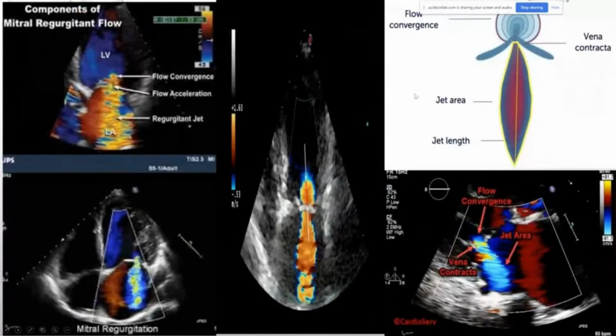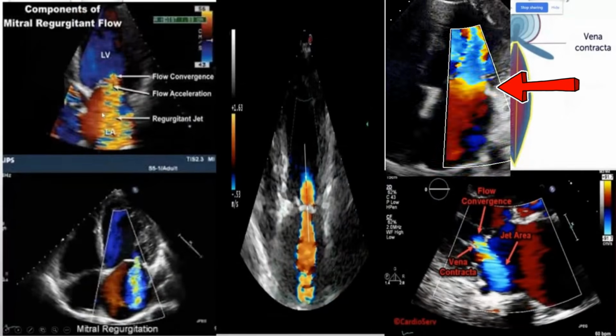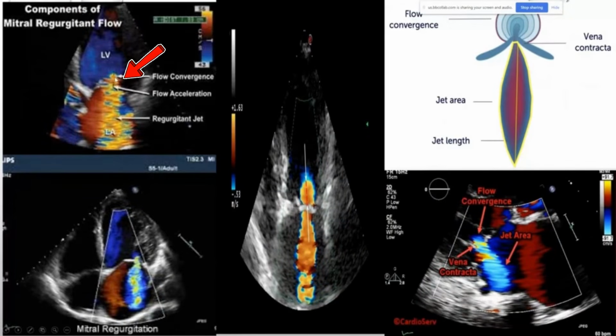So in mitral regurgitation, you're going to turn on color Doppler and you're going to get something that looks like this. So right here it says flow convergence. What that zone is, it's the zone of increased flow velocity right before the regurgitation, like the opening where the regurgitation is. And we're going to talk about vena contracta. That's this right here.